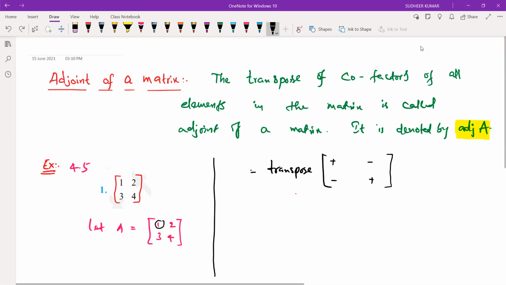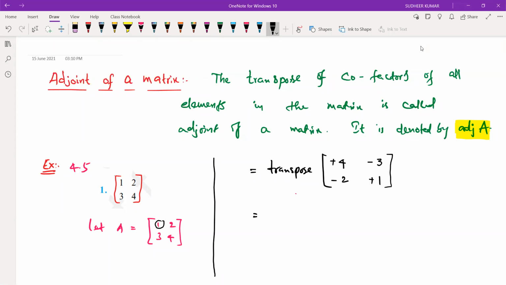Isn't it? Yes, sir. Similarly for 2, the cofactor is minus 3, and for 3, the cofactor is minus 2. For 4, the cofactor is 1, isn't it? Now it is the transpose of cofactors of the elements of the given matrix.